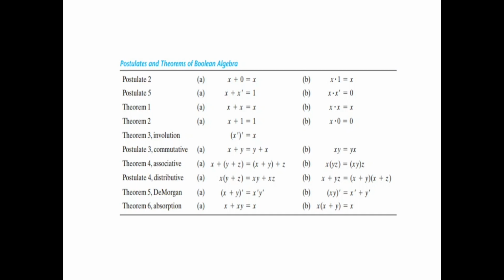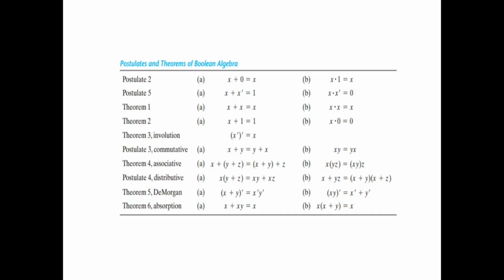Postulate 4a is x into (y plus z) equal to xy plus xz. Postulate 4b is x plus yz equal to (x plus y) into (x plus z). Theorem 5 is De Morgan's theorem. Theorem 5a is (x plus y) the whole dash is equal to x dash y dash. Theorem 5b is (xy) the whole dash is equal to x dash plus y dash.